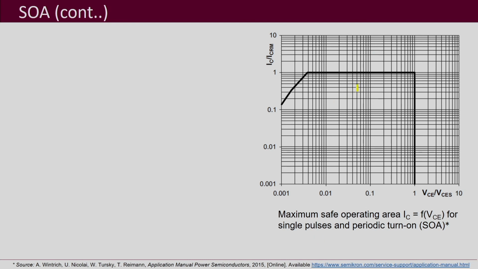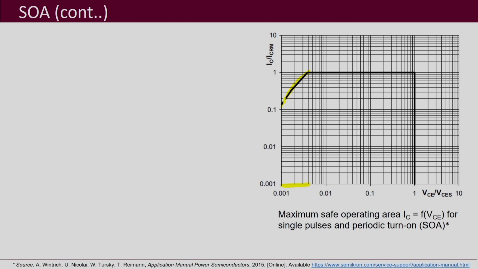Now let us look into this normal SOA or the FBSOA. What you see here is first one limit, a line with a slope, and at this point the collector emitter voltage is small.